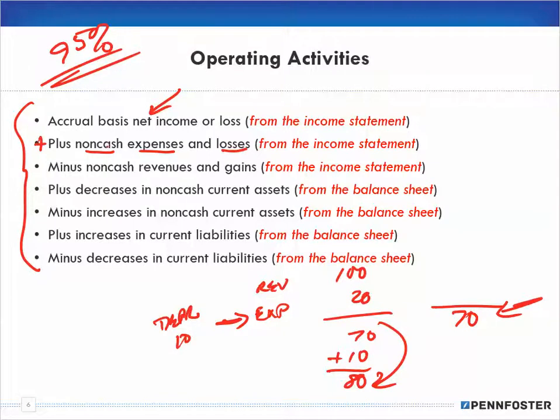We're going to add in our non-cash expense. Well, our non-cash expense was $10. Remember, we took that away because depreciation is an expense. We're taking that away from our profit or loss, right? Well, now we're going to add it back in, which would then adjust our net income to $80 on a cash basis.